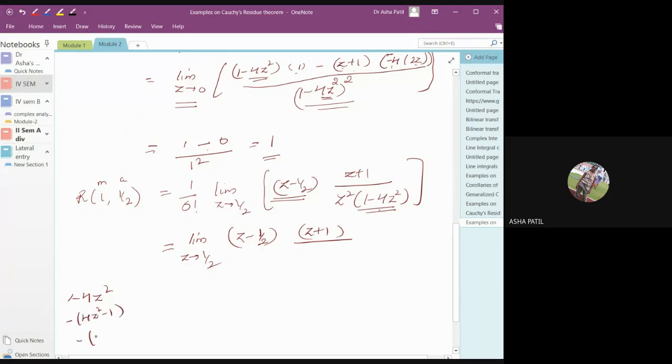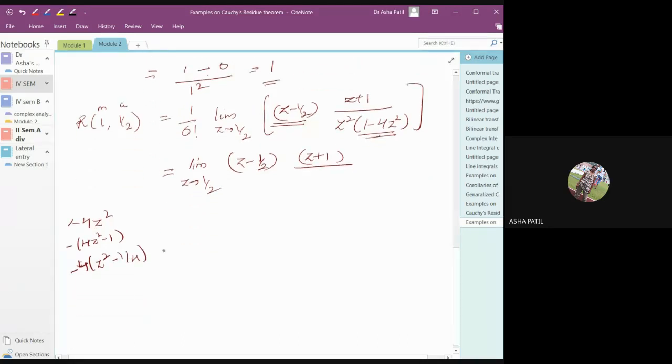Or you can write it as minus of, if I take minus 4 outside, z square minus 1 by 4. So minus 4 is outside. Z square minus 1 by 4 can be written as z minus 1 by 2 into z plus 1 by 2. Now you can write these factors in the denominator.